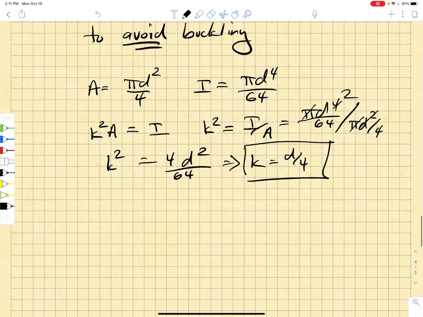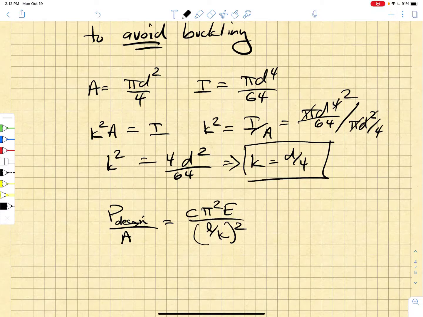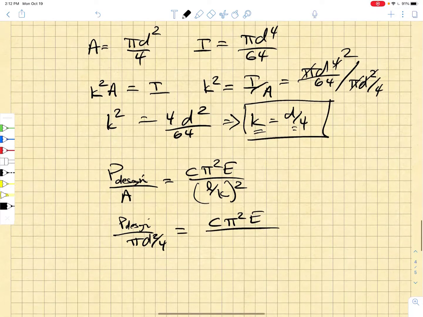Go back to the buckling equation. You say that here is my design load. We want to make sure that it's not critical. So we're going to take that design load, we're going to divide it by the cross-sectional area and put it into the Euler Buckling equation. And now we're going to express our K in terms of d. So we have that our design load divided by, we're going to put d squared over 4 over here as well, is equal to c pi squared E divided by L, which is another design specification, d over 4, all of that stuff squared.